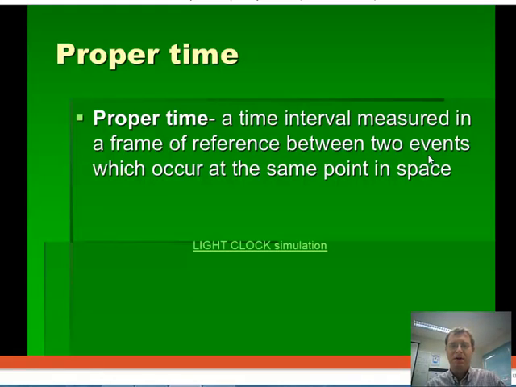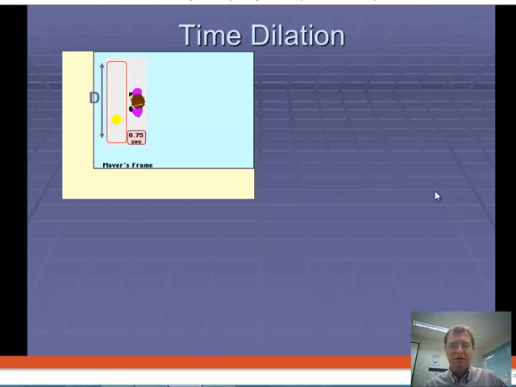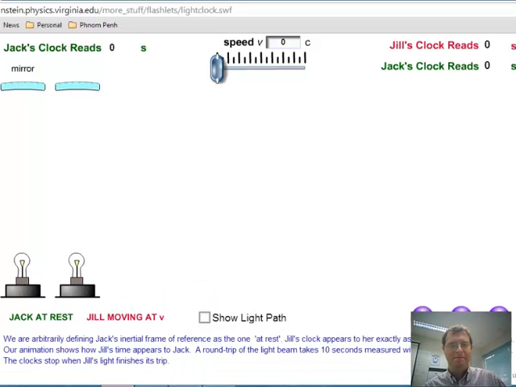That's important. And now I'm going to show a quick simulation which distinguishes between absolute time from a proper clock and a clock which is not travelling in your frame of reference. So what we've got here is a situation with Jack and Jill.